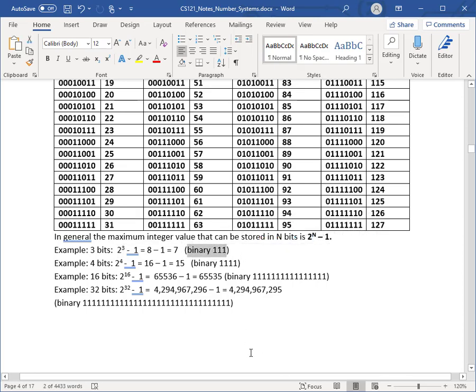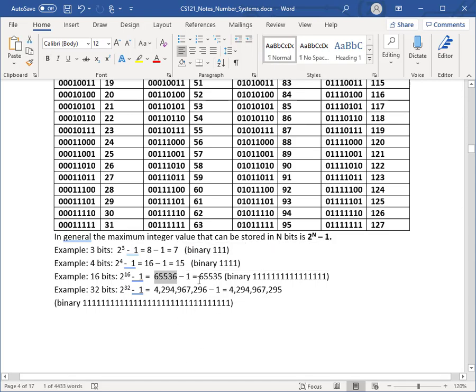So if we only had 3 bits and they're all set to 1, then the largest number we can store is 7. How about 4 bits? 2 to the 4th is 16, minus 1 is 15, and that would be all ones for 4 bits in binary. Skipping ahead, if we have the 16 bits that we just looked at, then 2 to the 16 is 65,536.